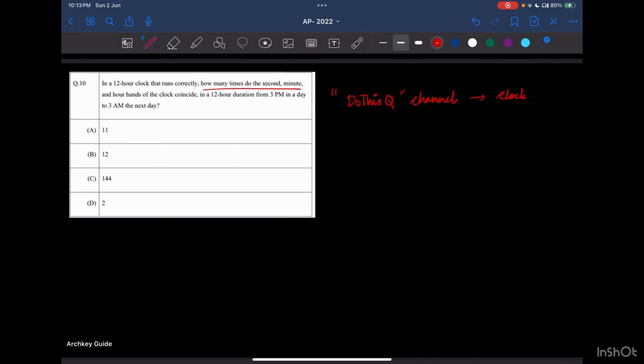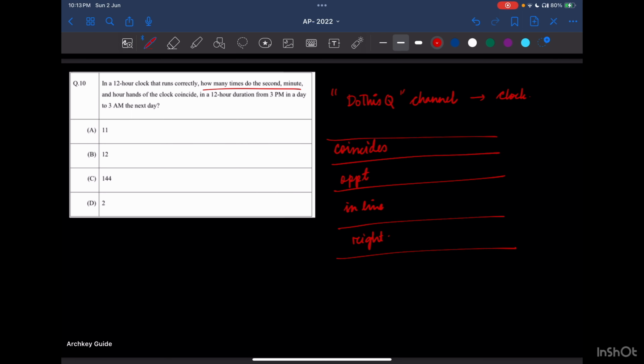So the summary at the end of that particular video has that the number of times the second, minute, and hour hand coincides, then comes into the opposite direction, then in line, and comes at right angle. The number of times in 12 hours and in 24 hours.